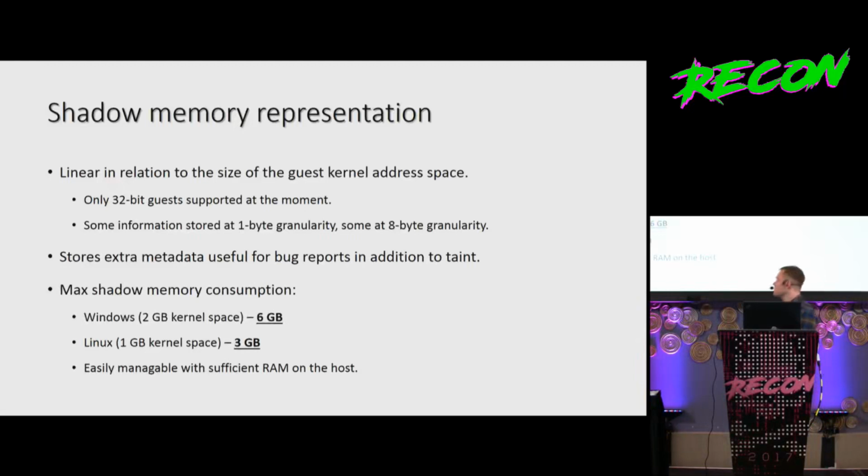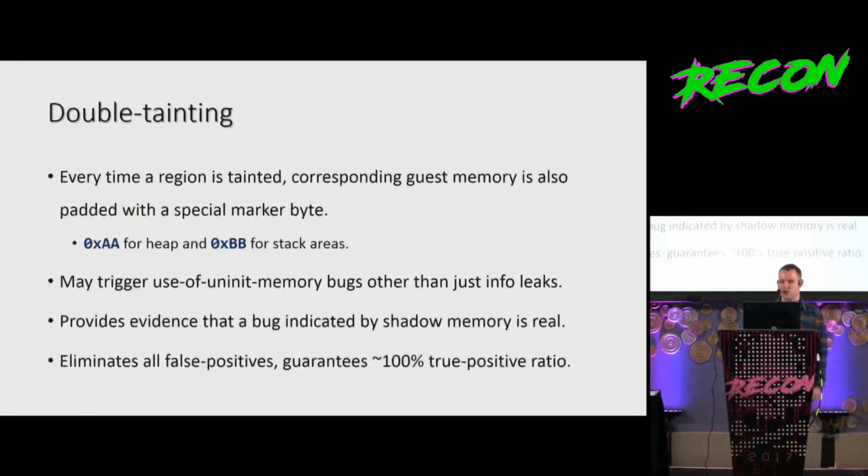So basically, for every gigabyte of memory of the guest operating system, we have 3 gigabytes of shadow memory. So for Windows, it's 6 gigabytes in total. Right now, for Linux, it's 3 gigabytes. So if you have just the normal amount of RAM in your computer, you can run this instrumentation without any problems.